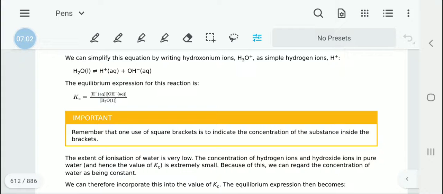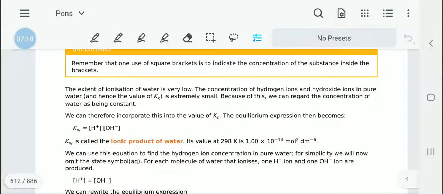Then the equilibrium expression: Kc equals H plus ion aqueous concentration, square brackets, then OH minus ion aqueous concentration, square brackets, then water liquid concentration. In pure water, leave a line and write, in pure water, only a very little amount of water molecules would ionize.